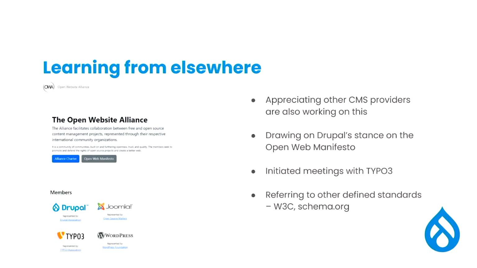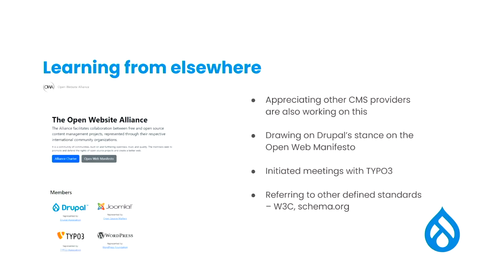Zooming out, we are learning from elsewhere, because it's not only Drupal as a CMS provider that looks at terminology. There are other CMS providers looking at this as well. Thankfully, the Open Website Alliance gives us the opportunity to interact with colleagues from other CMS providers.